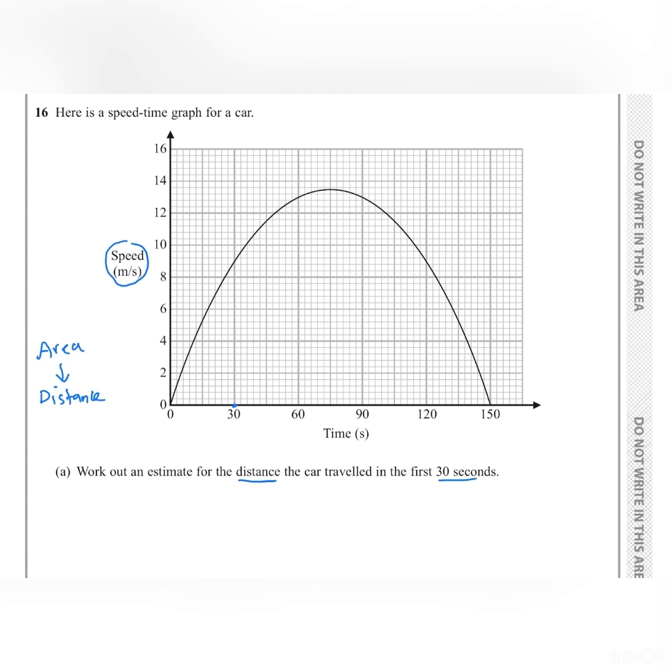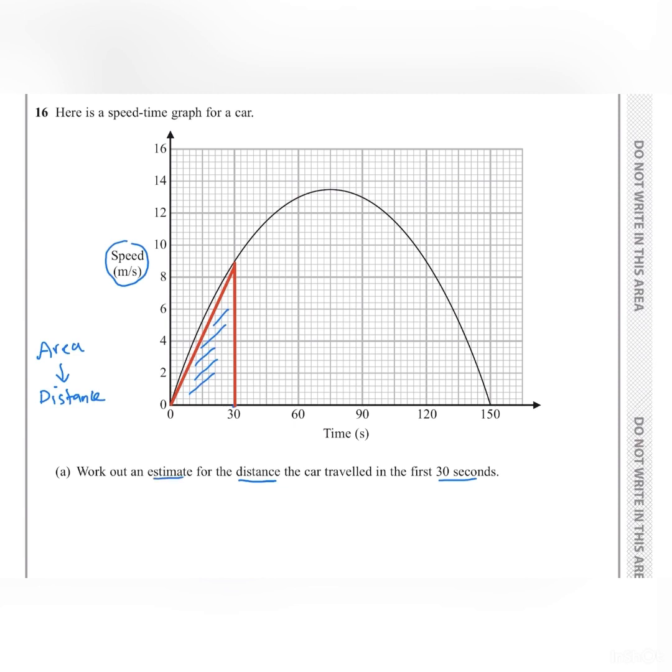So if I was to find the area under the graph, I'm just going to draw out a line here. Now, this shape in the first 30 seconds looks like a triangle. It's not a perfect triangle. The perfect triangle would be something like this, but since we're only estimating, I'm just going to take that as a triangle.